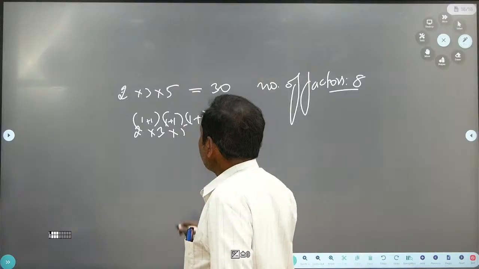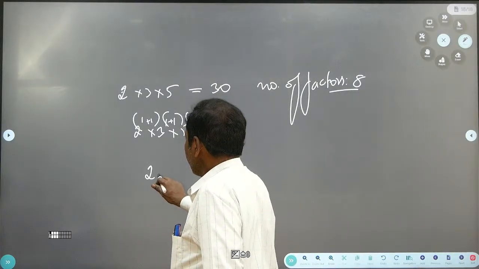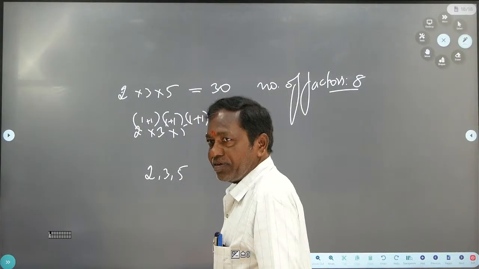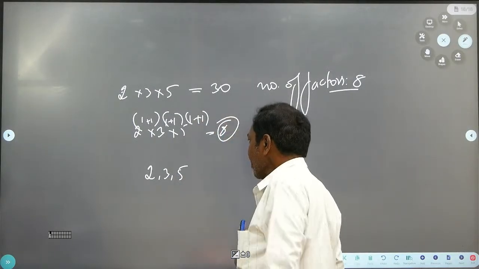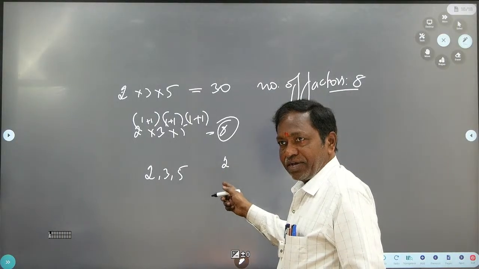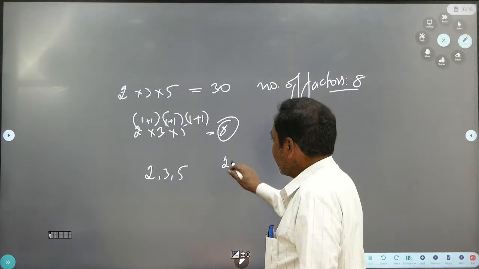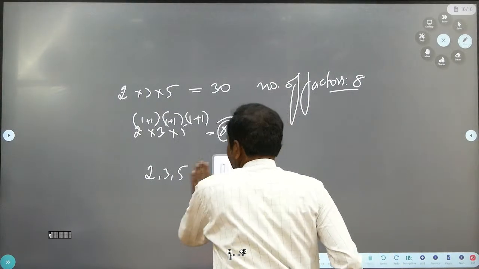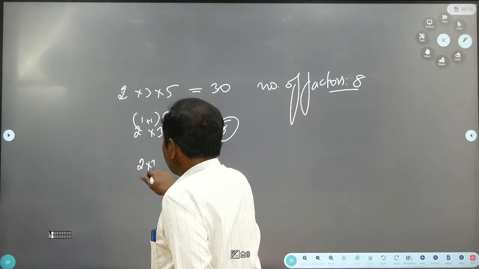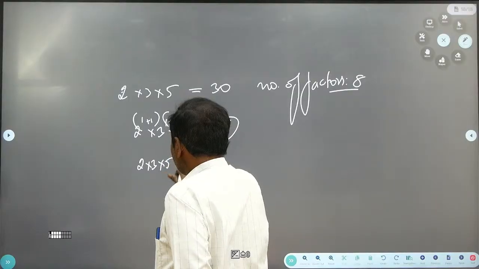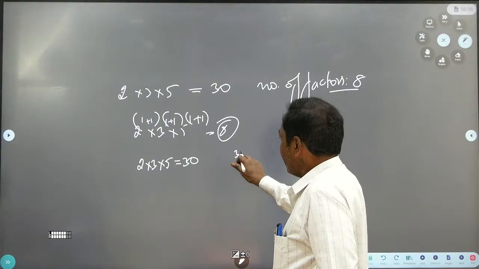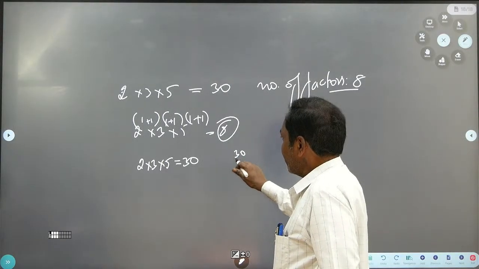And see now, you can say 2, 3, 5. What are the factors for this number? Now 2 into 3 into 5 is equal to 30. 30 is an even number, so 30 can be divisible by 2 and by itself.